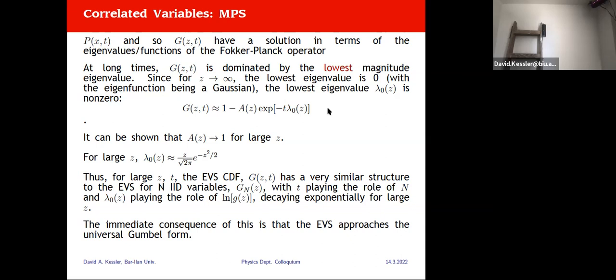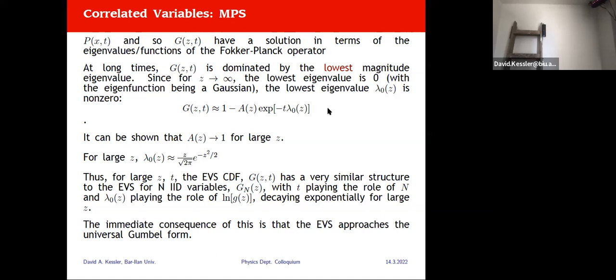When z goes to infinity, the lowest eigenvalue is 0.